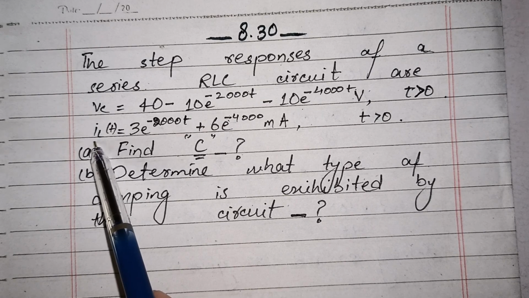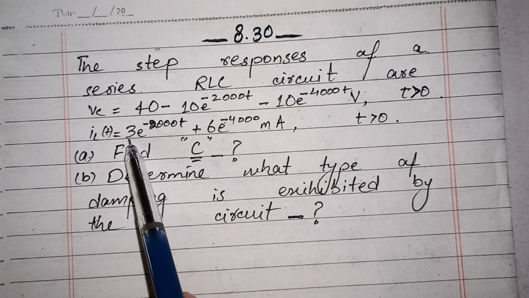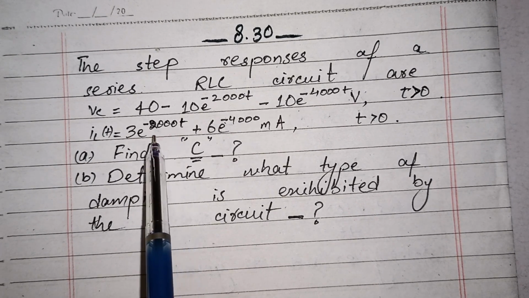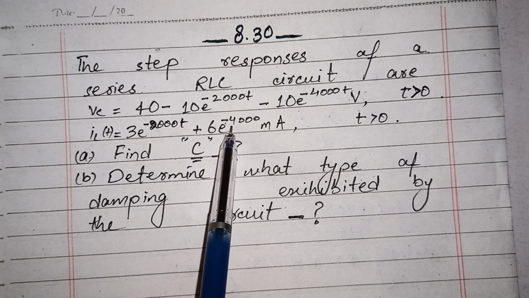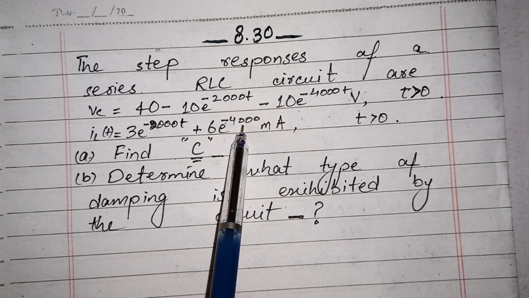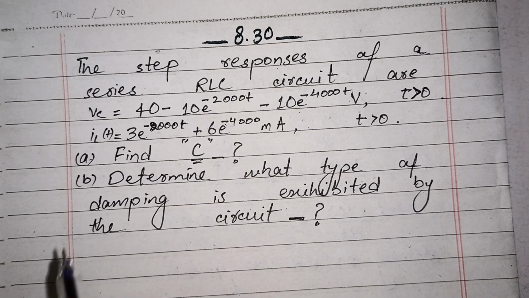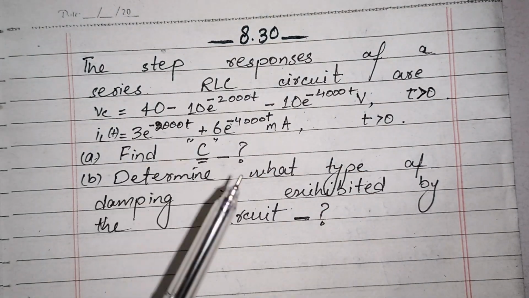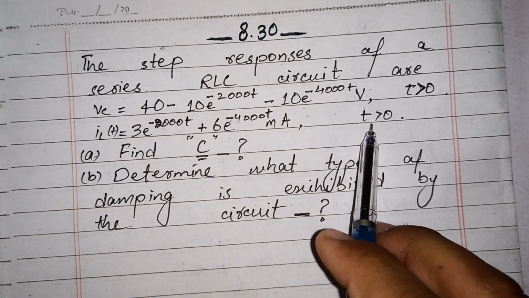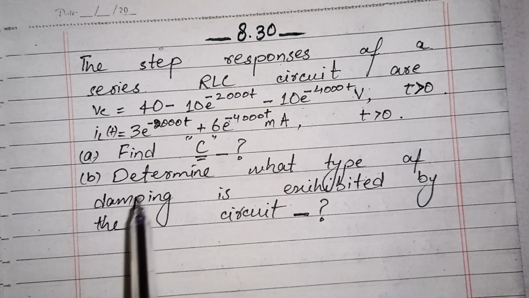The inductor's current IL(t) is equal to 3 e raised to power minus 2000 t plus 6 e raised to power minus 4000 t milliampere at t greater than 0.